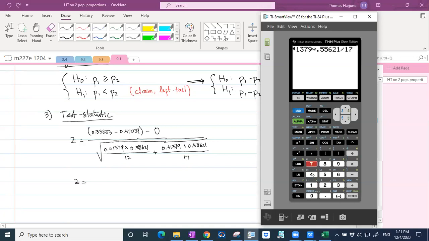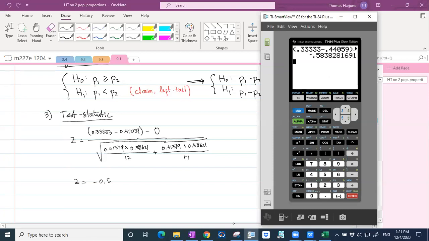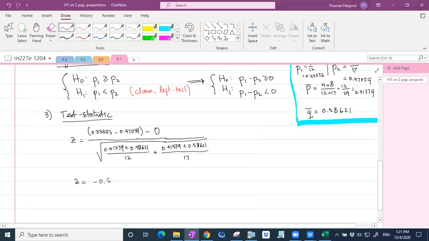Wow, that's a lot, huh? Boom. That's negative 0.58383. That's a small number.